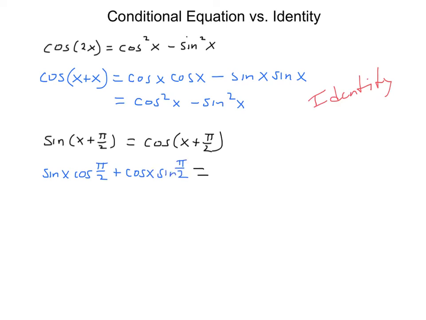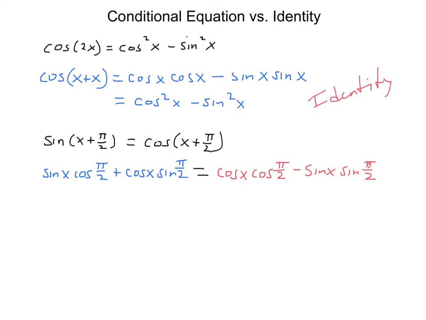Now that is going to equal, on the other side, using the cosine sum formula, the cosine of x cosine pi over 2 minus sine x sine pi over 2. At this point, we have to use the unit circle and recognize that the cosine of pi over 2 is 0, and sine of pi over 2 is 1.